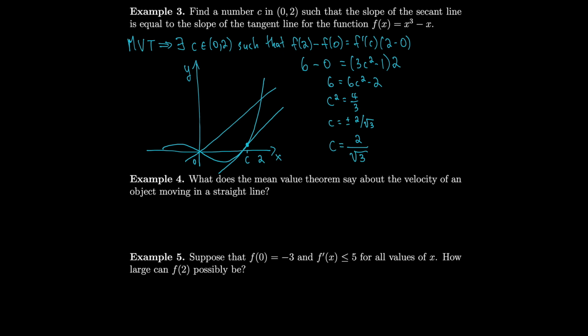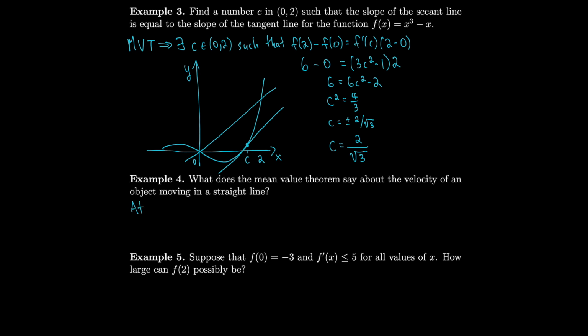What does the mean value theorem say about the velocity of an object moving in a straight line? Well, the average velocity is the slope of the secant line. Mean value theorem says that that must be equal to the derivative, which would be the instantaneous velocity.